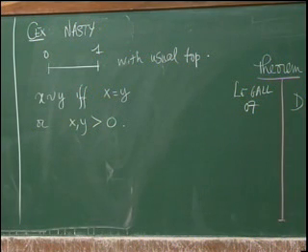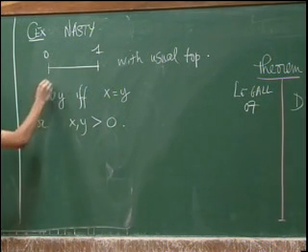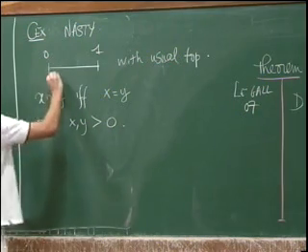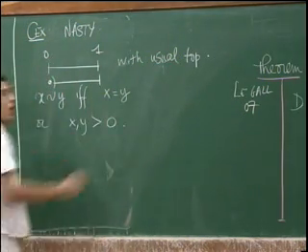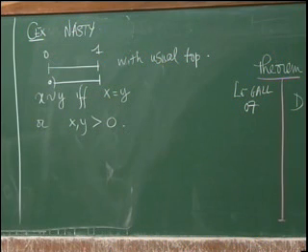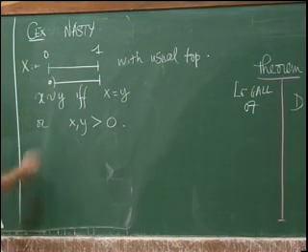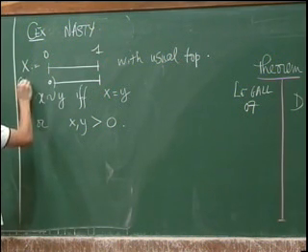That means I have two equivalence classes, the one which consists of the singleton 0 and the one which consists of all the others. Is this clear? So what is the quotient set?